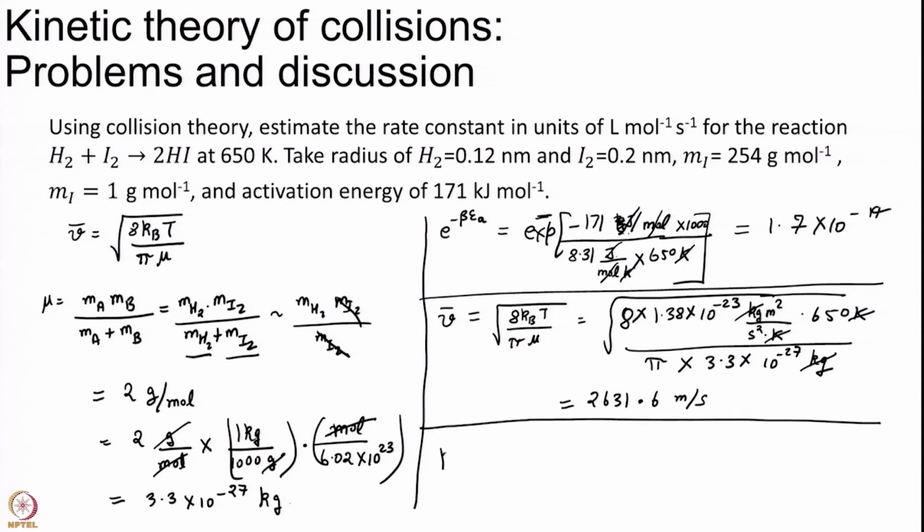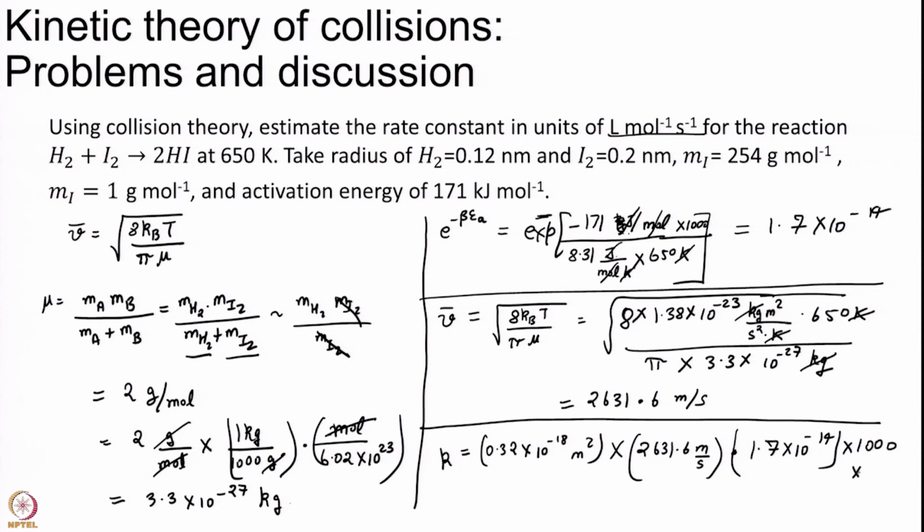So, finally, k is a product of sigma. Sigma we calculated to be 0.32 into 10 to the power of minus 18 meter square into nu bar, 2631.6 meter per second, into e to the power of minus beta Ea, and I wanted the answer in liter mole inverse second inverse. So, I multiply by 1000 into Avogadro number.